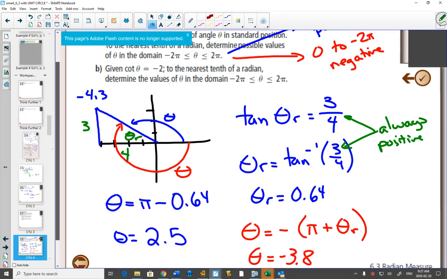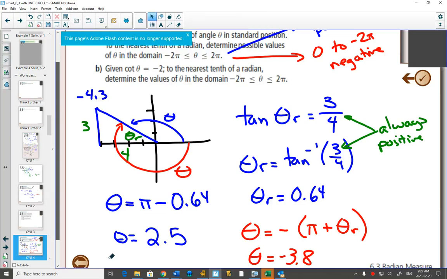Even though you're going left, you would still say that the bottom of this triangle's length is 4. So reference angles always deal with positive values because you're actually thinking about grade 10 trigonometry of just triangles. Grade 11 and grade 12 moves it into different quadrants, so that's where you have to use your reference angles to find the actual angle in standard position.